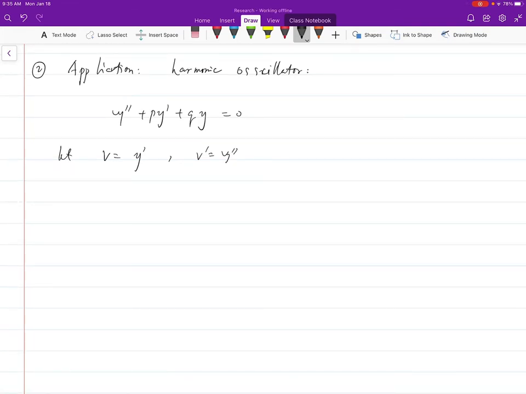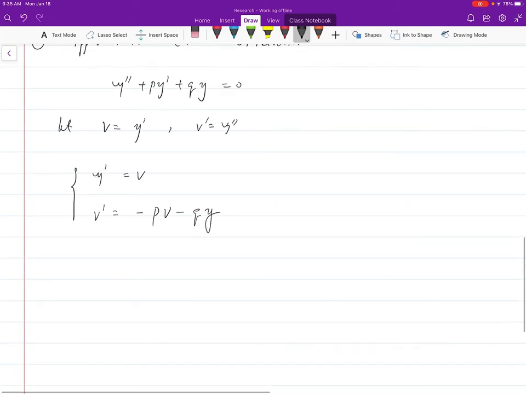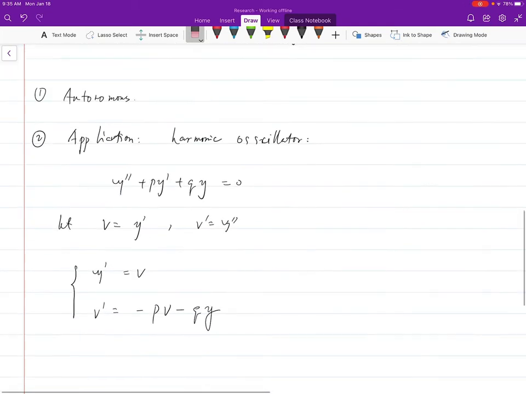Then what we have is v prime equals negative pv minus qy. From here you can see p and q are constants, and the first one has a constant 1. So this is a linear system with constant coefficient. So we do have applications, at least from here.